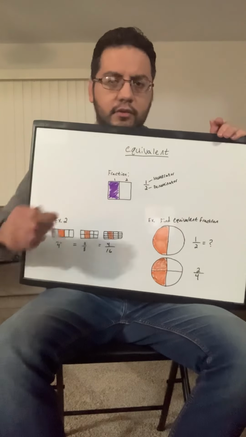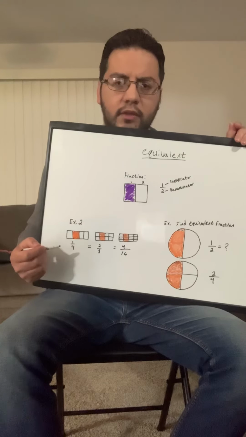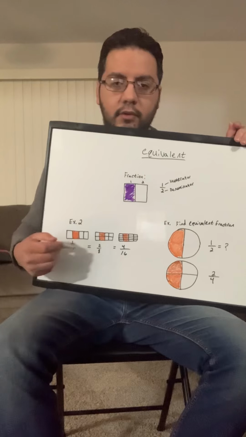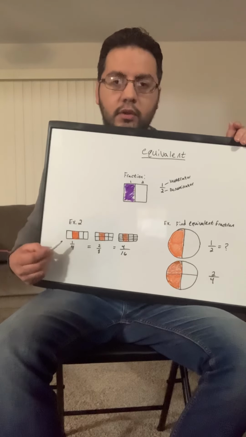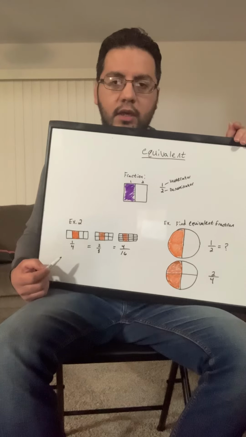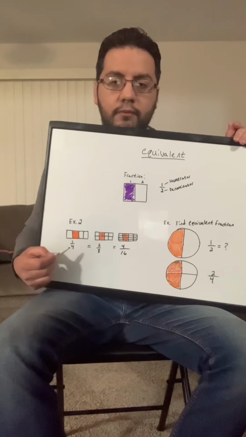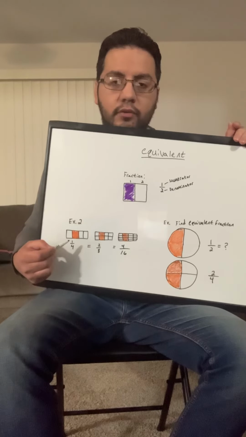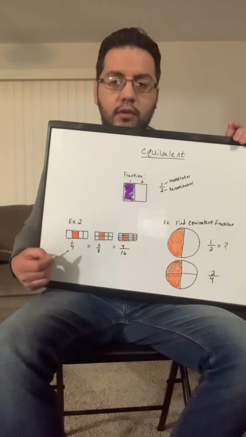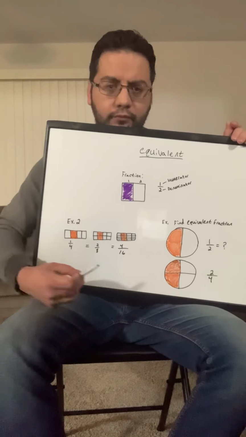Let's take a look at another example down this way. So you have a shape here with 4 different pieces, and of those 4 different pieces, you have 1 shaded. So you have 1 over 4. 1 shaded for the numerator, and then 4 separate pieces for the denominator.